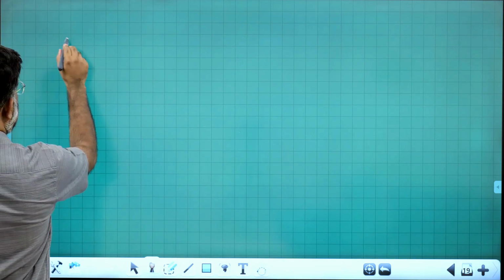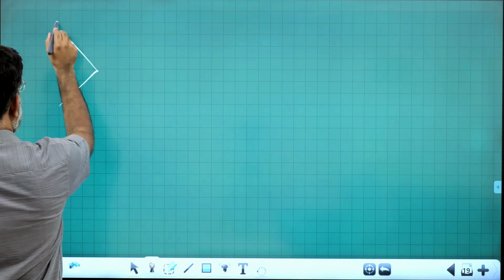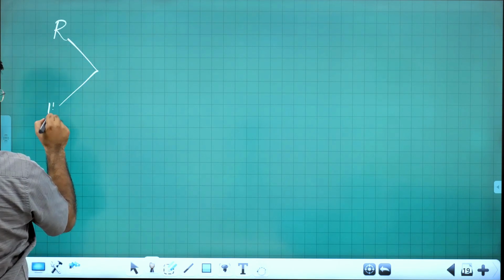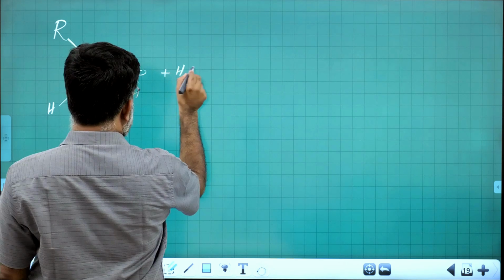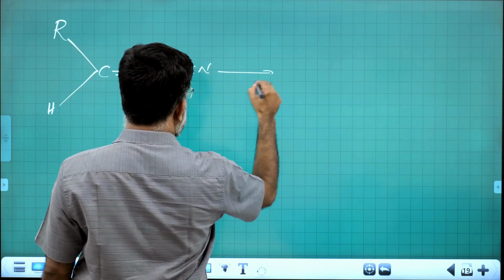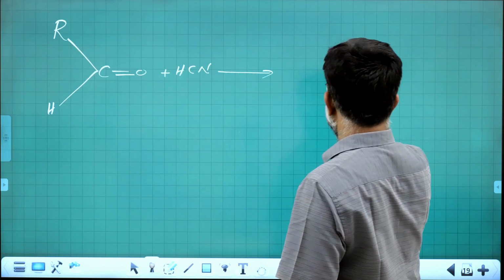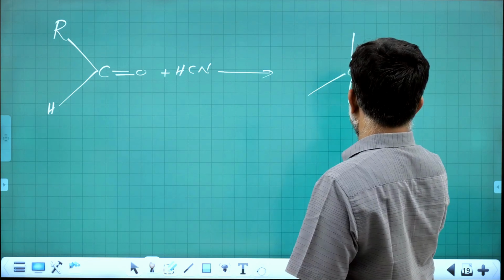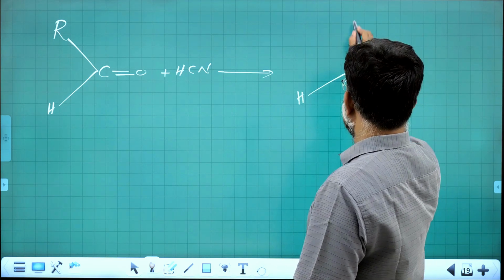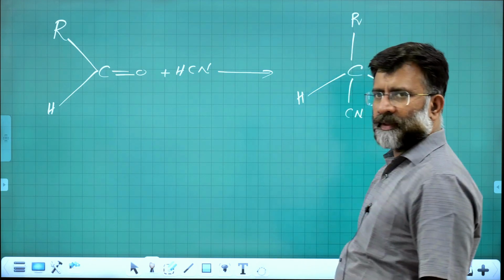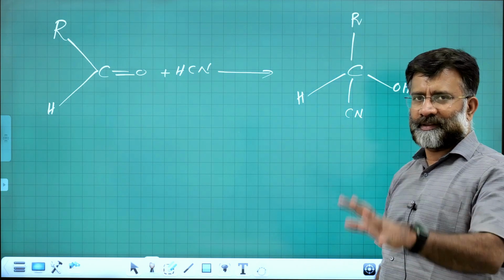For example, if you take RCHO when treated with HCN, finally you get a cyanohydrin, there is OH, CN, H and R. How does this turn into a useful synthetic intermediate?